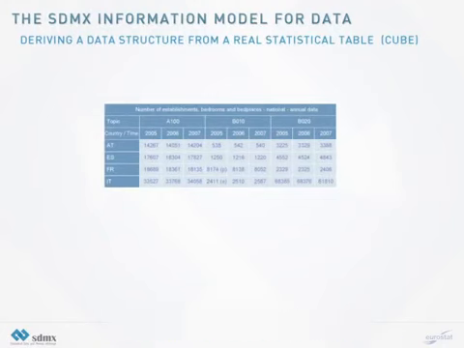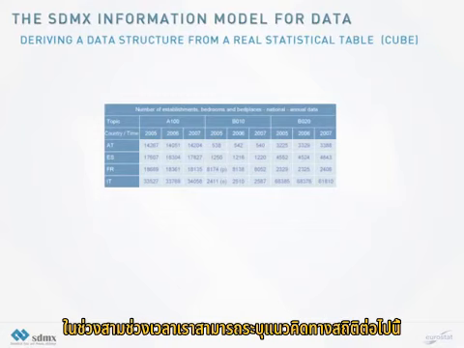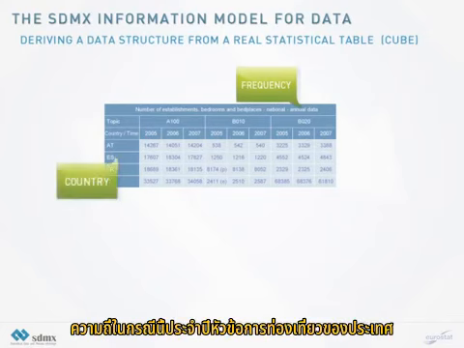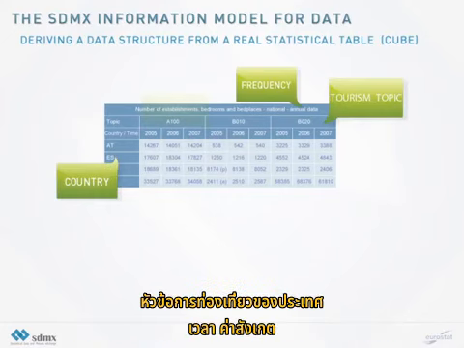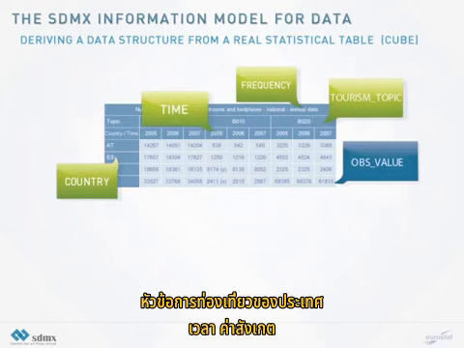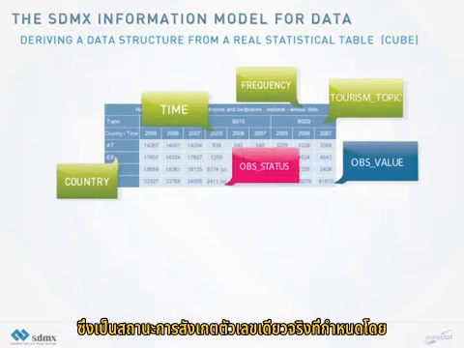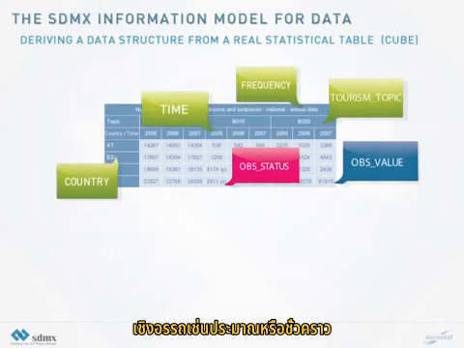We can identify the following statistical concepts: frequency, in this case annual, country, tourism topic, time, the observation value, which is the actual single figure, the observation status, defined by footnotes such as estimated or provisional.